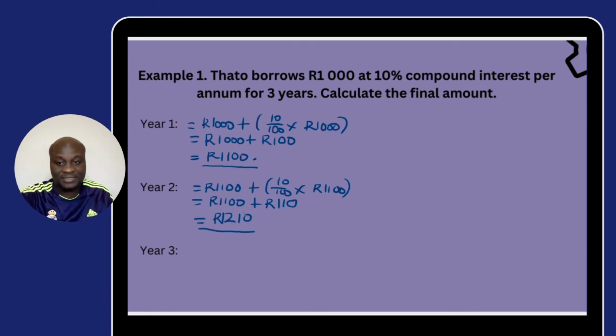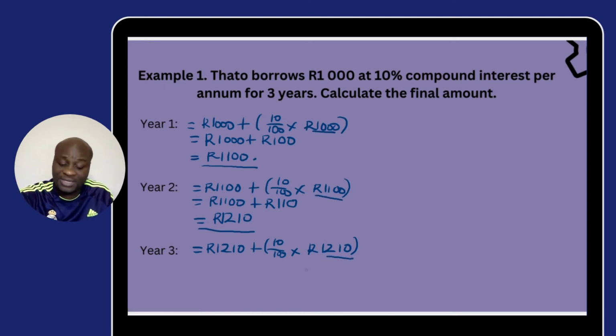We take our balance, boys and girls, and we continue with it into year number 3. 1,210 plus the interest multiplied by 1,210. You see now that the amount that we are calculating the interest for is going to increase yearly.